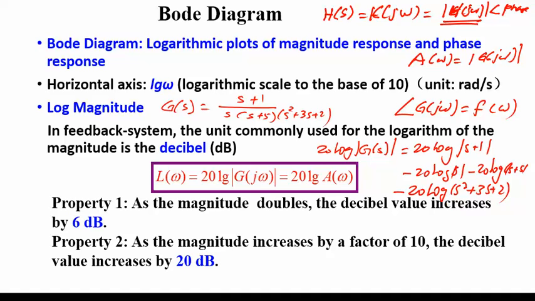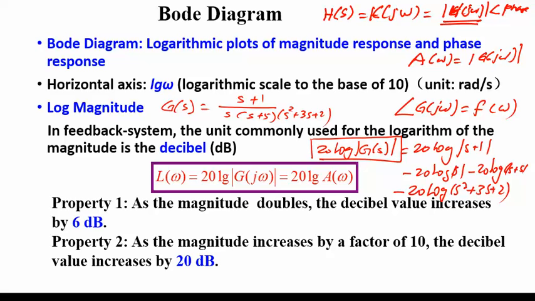So now, instead of the multiplication and division we had initially, we are adding and subtracting. So the magnitude is the magnitude of the zero minus the magnitude of the first pole minus the magnitude of the second pole, and here we took the 20 log.